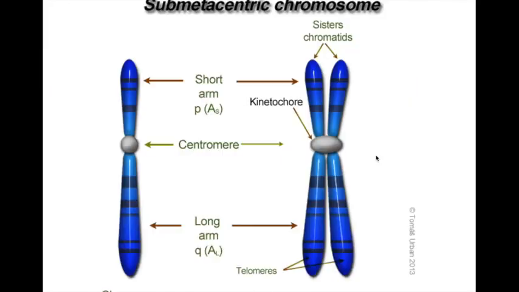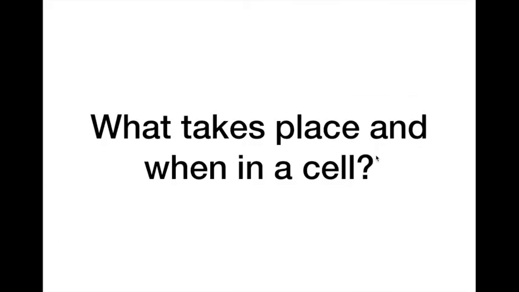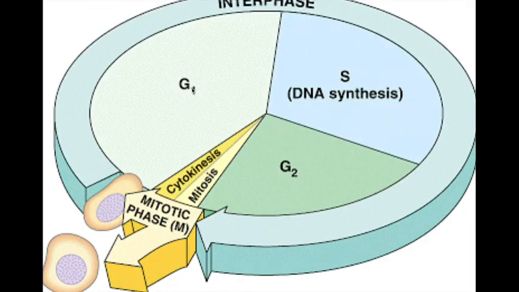So you cannot tell me that during G1, where I have a network of chromatin fibers, the cell has 46 chromosomes. No, that is wrong. During G1, S and G2, chromosomes do not exist.